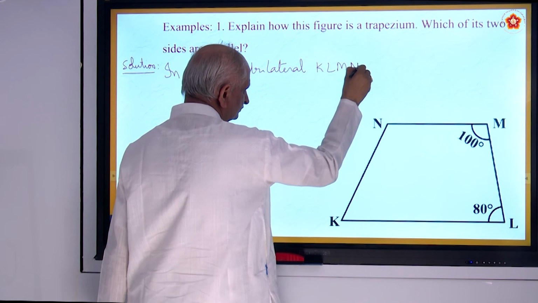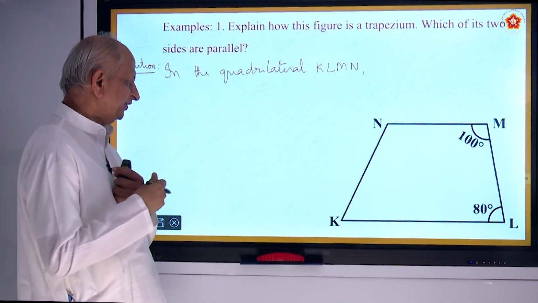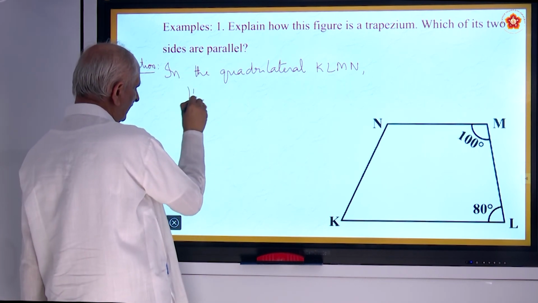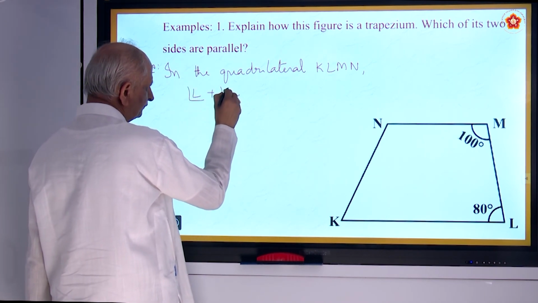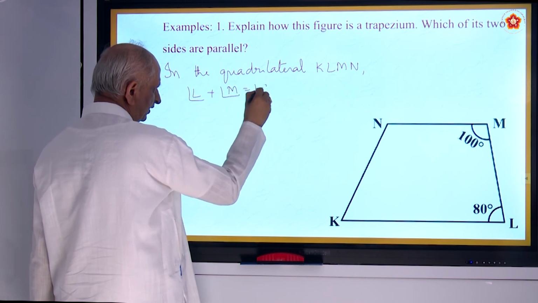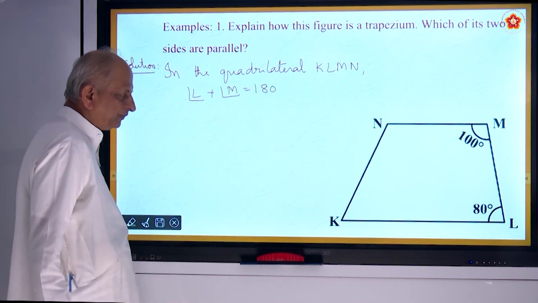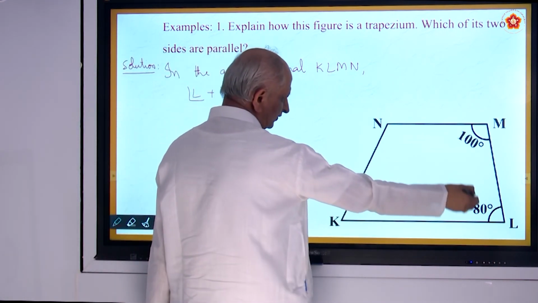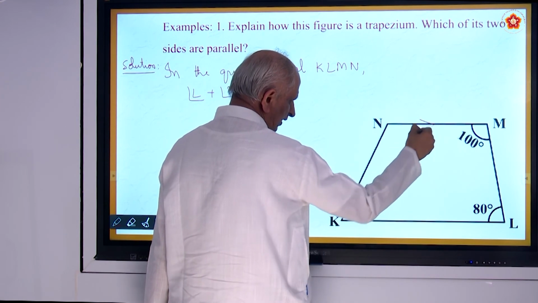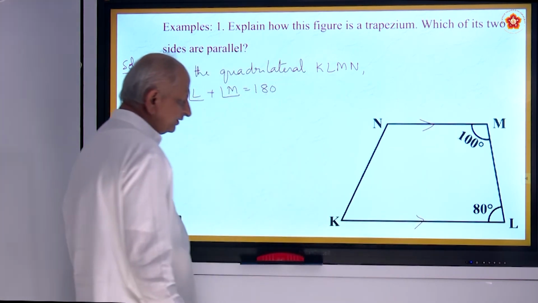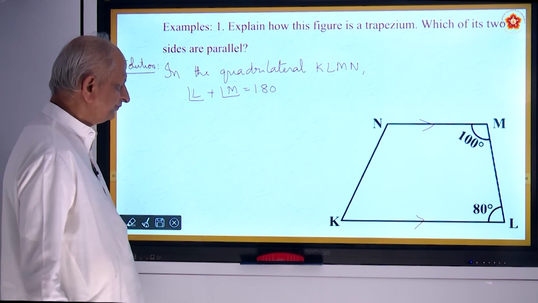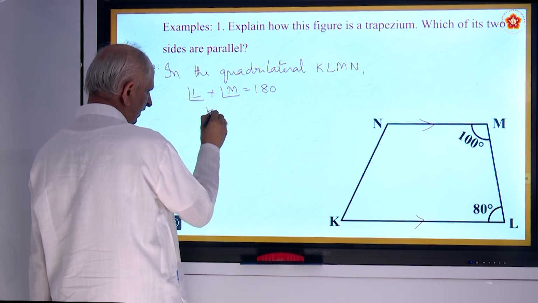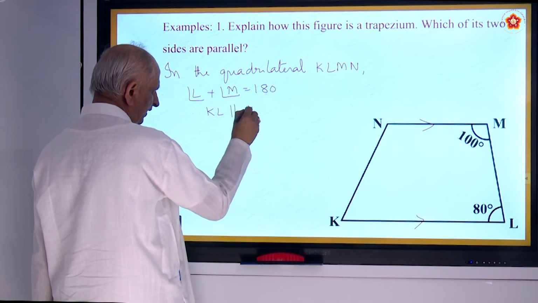KLMN. Now, what do you say about angles? Angle L plus angle M is equal to 180 degrees. What does it mean? They are called interior angles. Is it not? And therefore, if the sum of the interior angles is 180 degrees, we can say that therefore KL is parallel to MN.